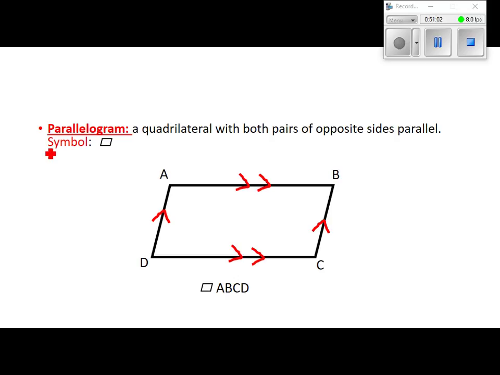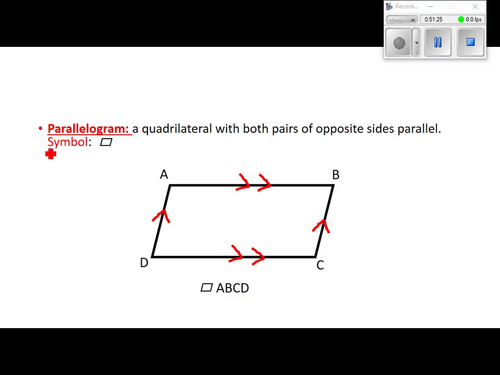Everybody know what a parallelogram is? Definition of a parallelogram is a four-sided figure, a quadrilateral, with both pairs of opposite sides parallel. On the homework last night, there were some problems dealing with parallel lines. You got to remember those special angles dealing with parallel lines.